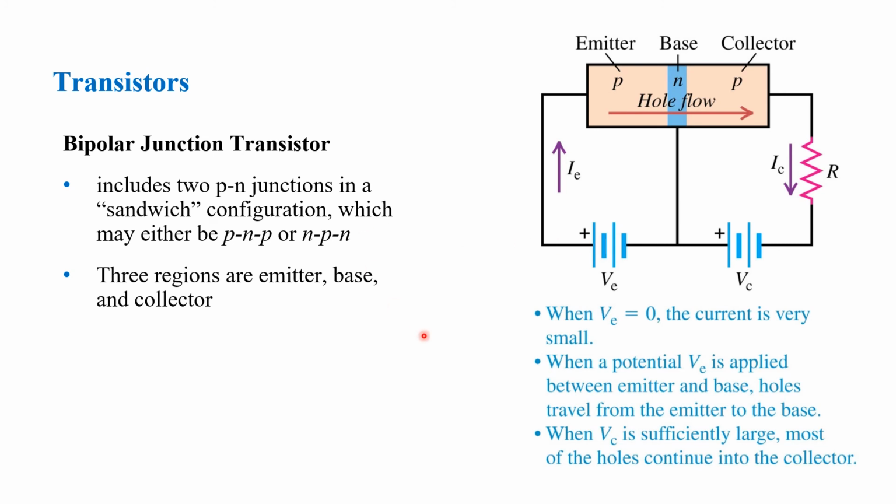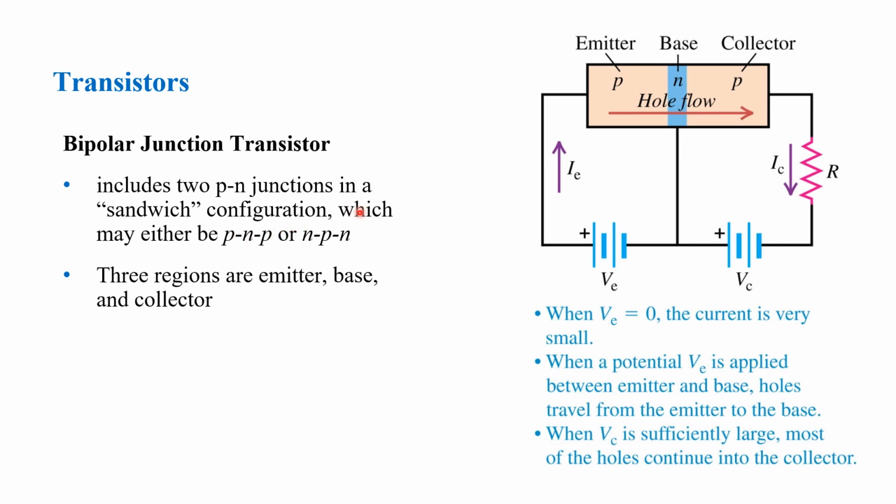You also have your PNP or your NPN, which includes two PN junctions in a sandwich configuration. PNP means P-type, N-type, and P-type, or NPN means N-type, P-type, and N-type. This actually forms your transistors. One example of a transistor is the bipolar junction transistor.